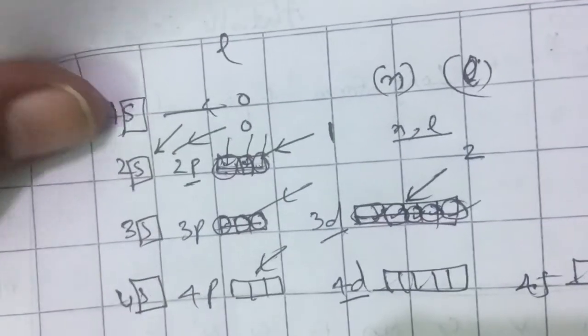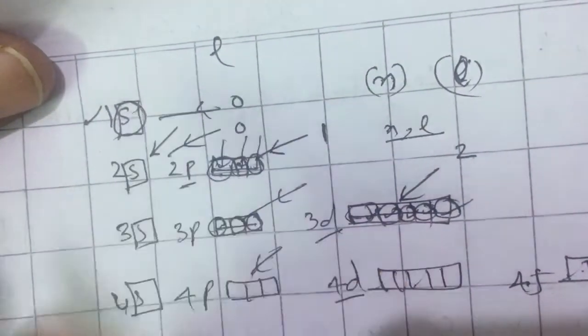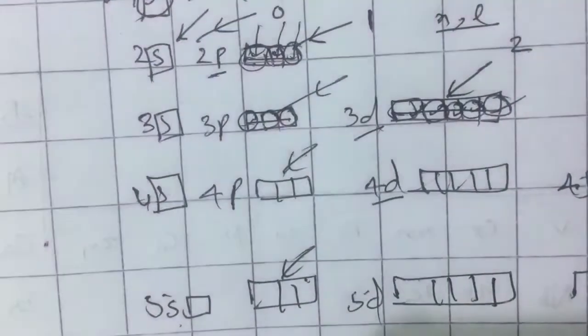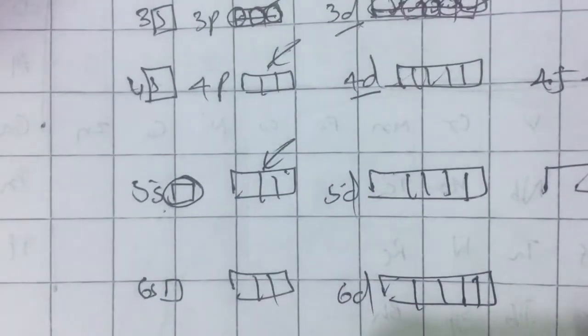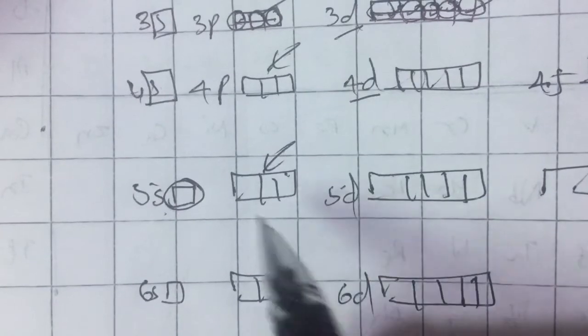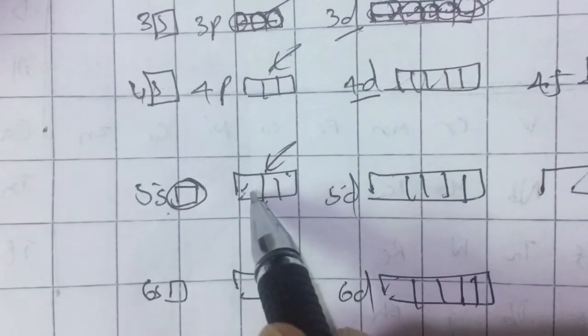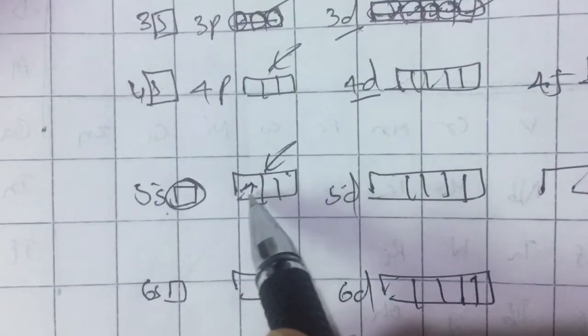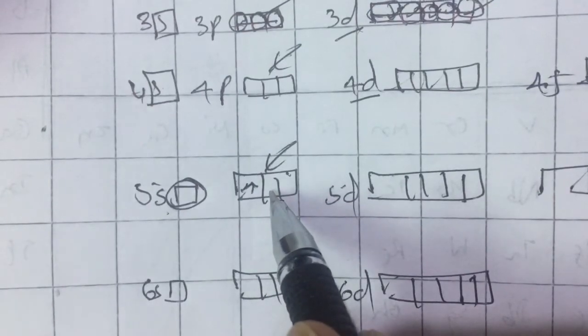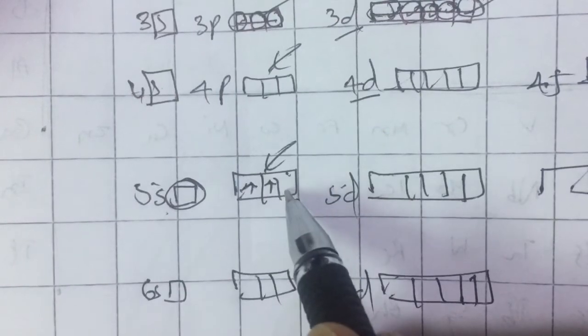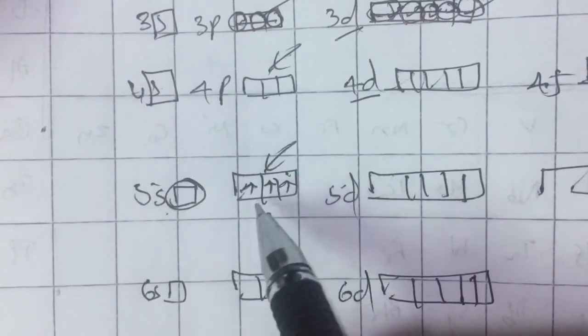Now the rule of the game is, in any one particular orbital, there can be a maximum of 2 electrons. That is the first rule, called Pauli's principle. Any orbital can take a maximum of 2 electrons. The next rule is, in degenerate orbitals, though each orbital can take a maximum of 2, when you are filling the orbitals with electrons you should put one electron in each with the same direction of spin.